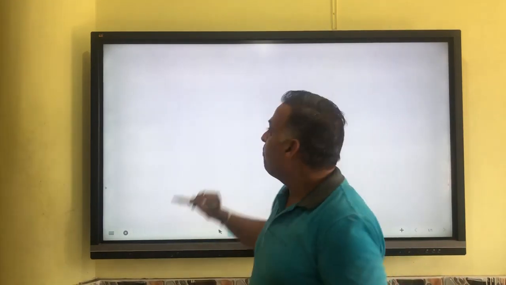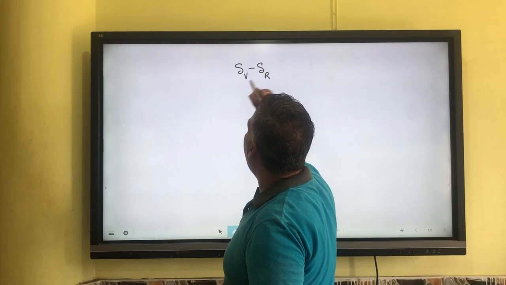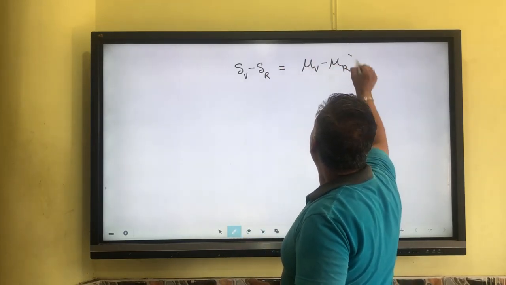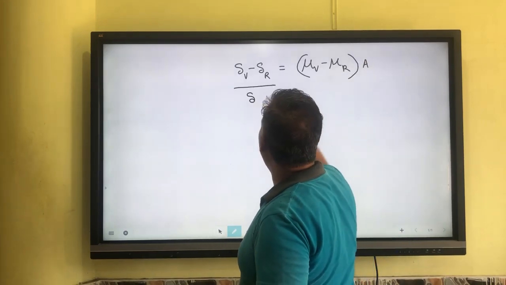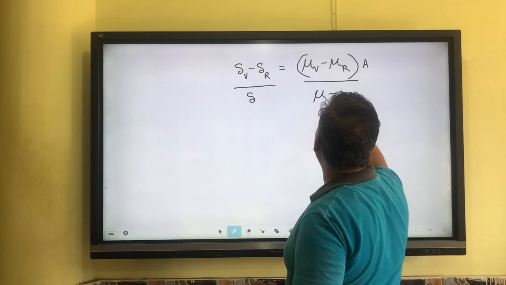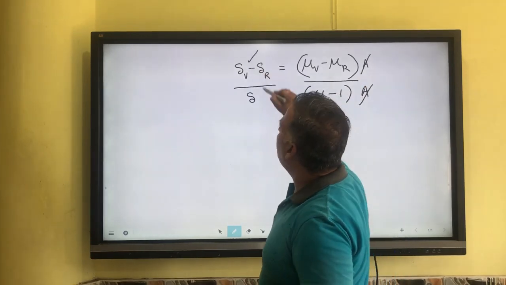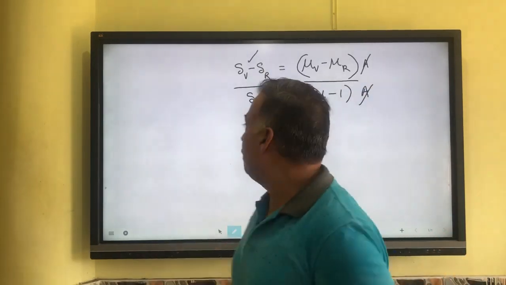Secondly, we have delta V minus delta R, which was (mu V minus mu R) into A, and delta was (mu minus 1) into A. If I cancel out A, this is the ratio of angular dispersion upon mean deviation.